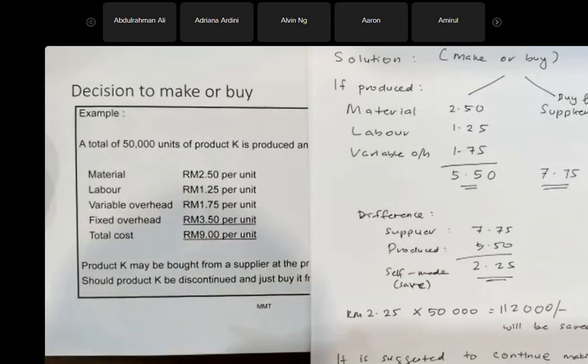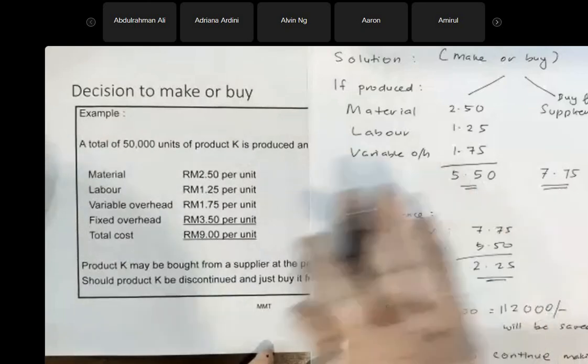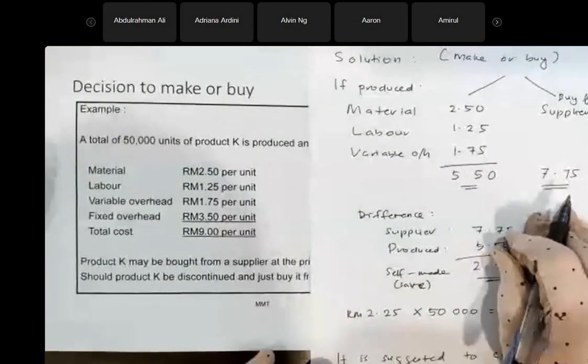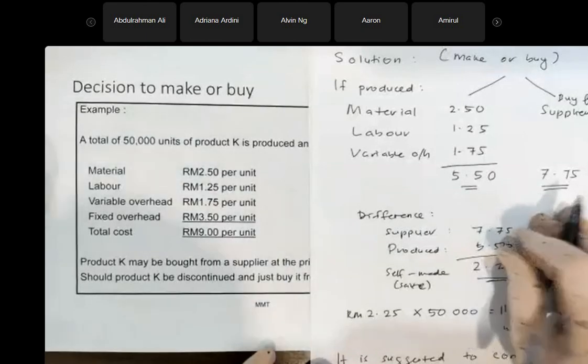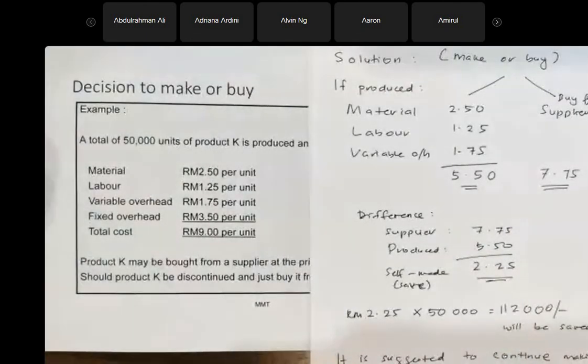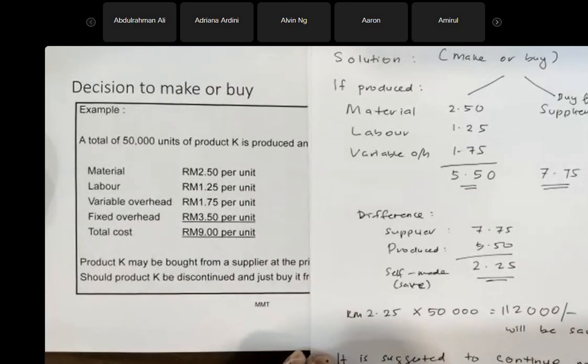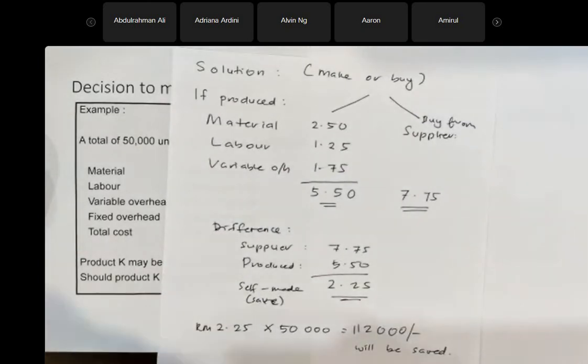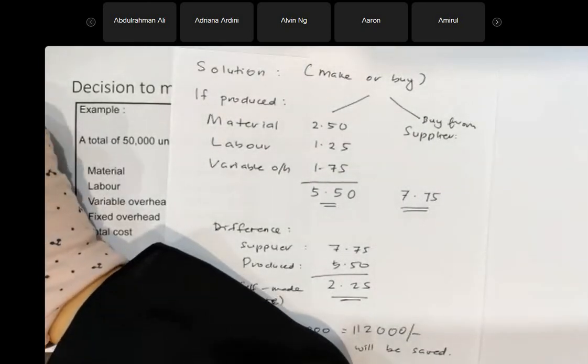So how to do the analysis? By doing maybe the graph, maybe the equation, or maybe by using the marginal costing. Okay? Okay dah. Okay, habislah. Tak ada dah. Okay, I think that's all for our financial costing.